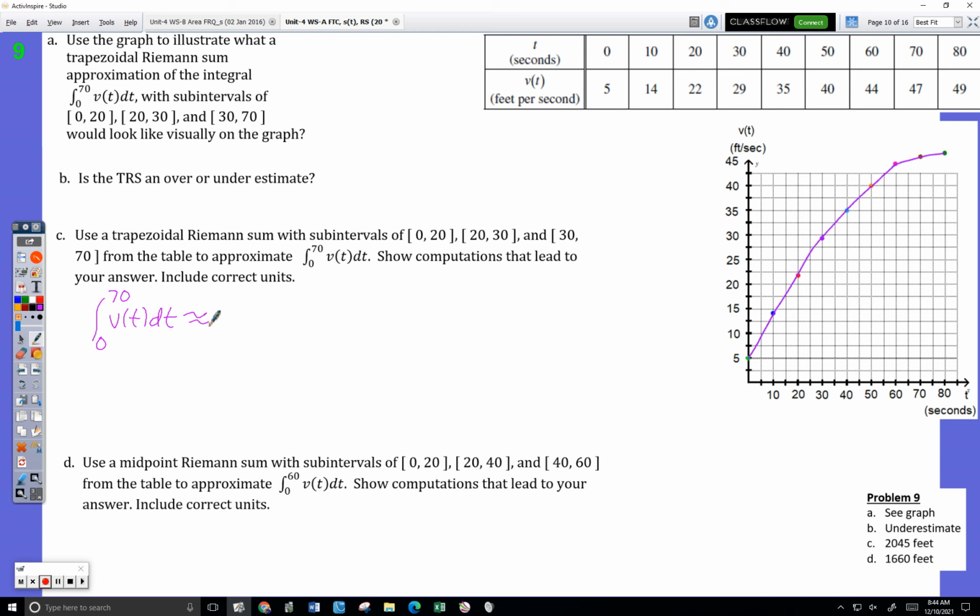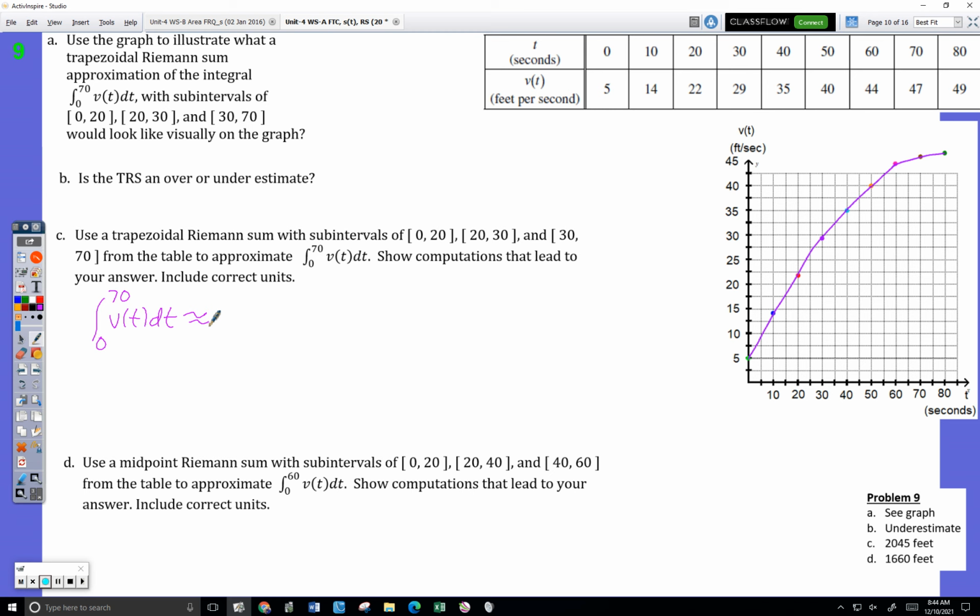When we do a right Riemann sum, for every subinterval we use one velocity. We're going to do a left Riemann sum, for every subinterval we use one velocity. When we do a midpoint Riemann sum, for every subinterval we use one velocity. However, for a trapezoidal Riemann sum, we use two. 1 to 5, if that makes sense. I like what David is saying. Yep, good. Move on. Okay.